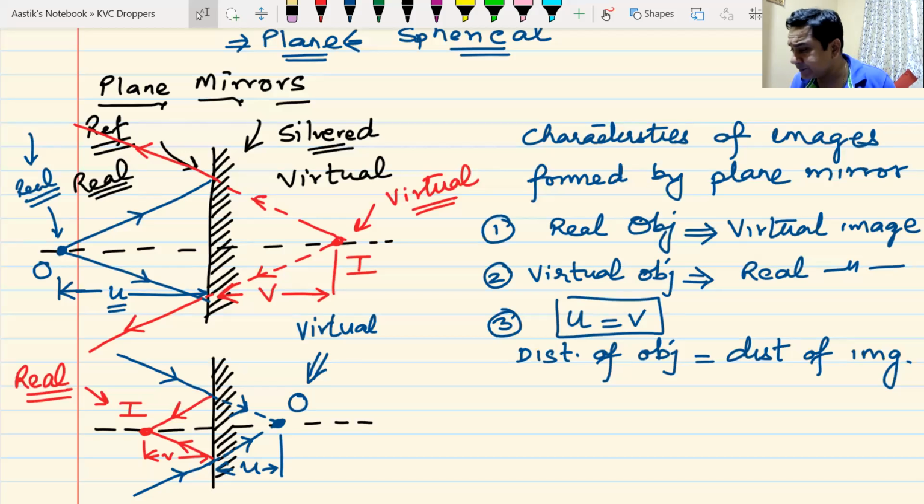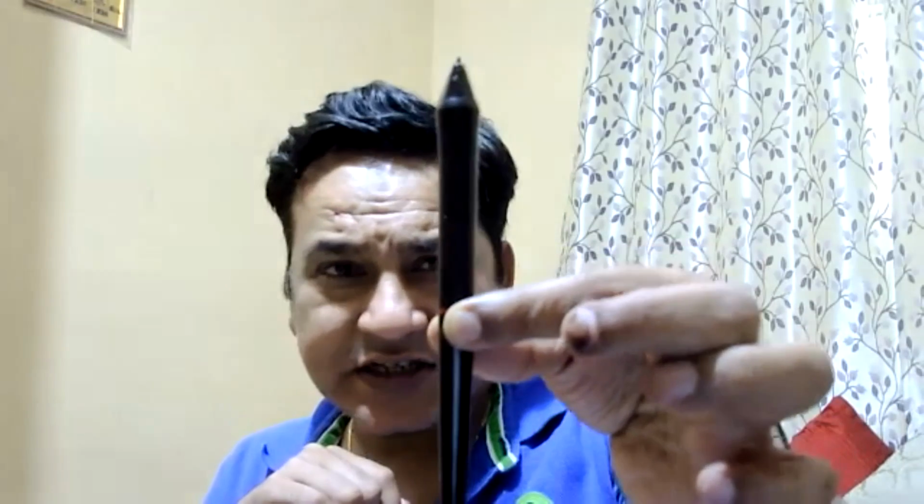Let's move ahead. Up till now, the object was a point object. It was just a point. If I talk about objects which have height, which are known as extended objects, I will call this object an extended object.